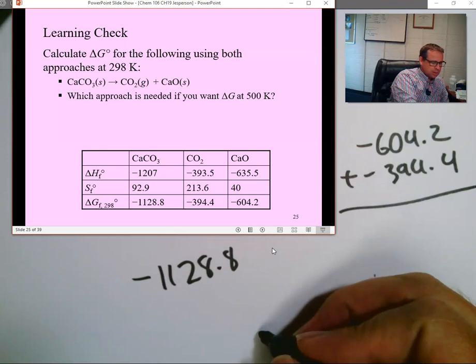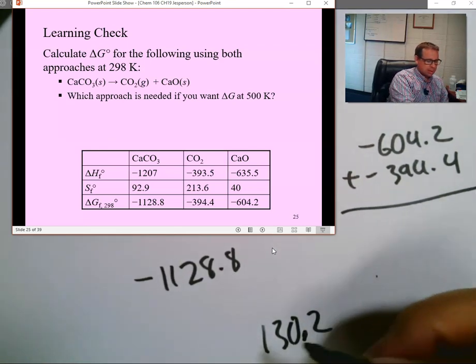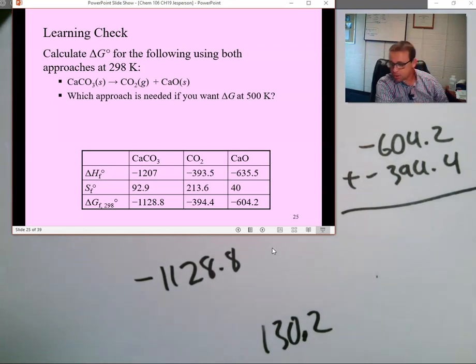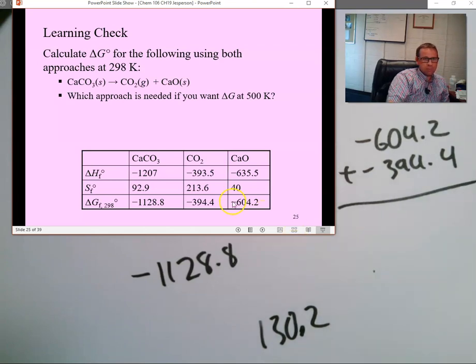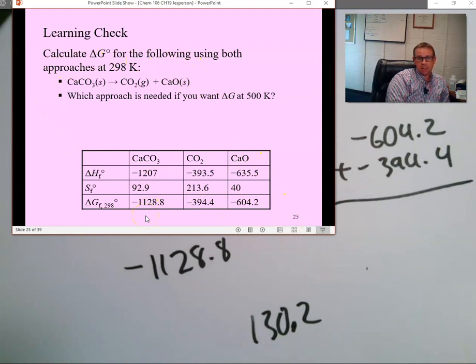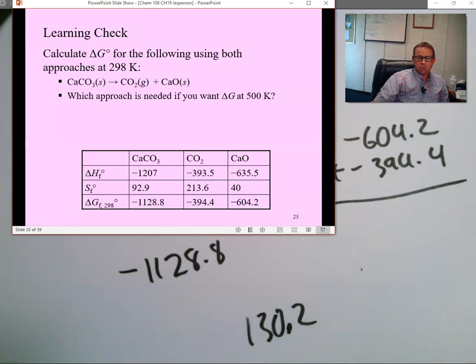So products minus reactants is 130.2. And that's a delta G of a positive value. So that tells us that at 298 Kelvin, room temperature, this reaction, the one that we've done the calculations for, is not spontaneous, positive 130.2. So it's not a spontaneous reaction.